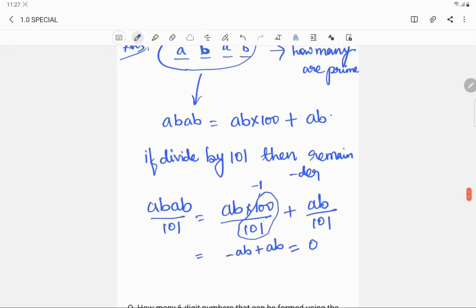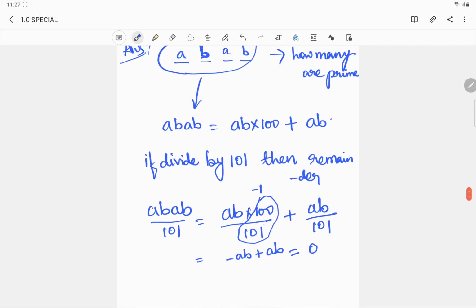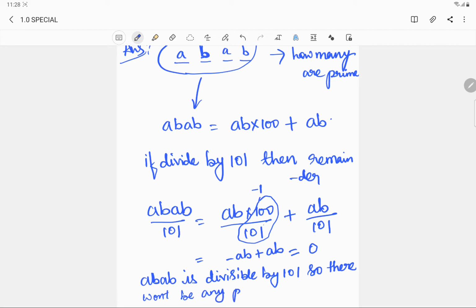That means any 4-digit number of the form ABAB is divisible by 101. So there won't be any prime numbers of the form ABAB.